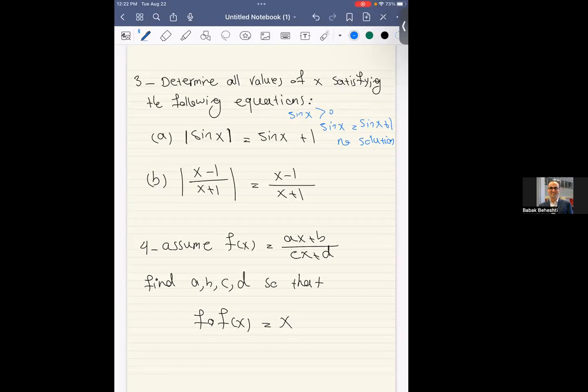If sine of x is negative, then its absolute value is just minus sine x. But you have to be careful that at the end, you pay attention to this condition that sine x is negative. Good.